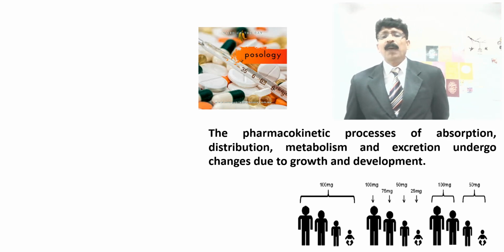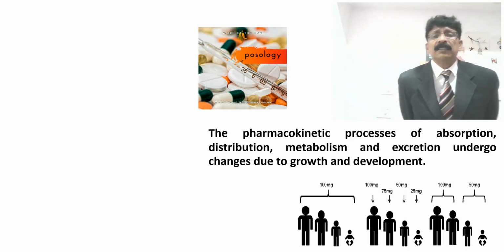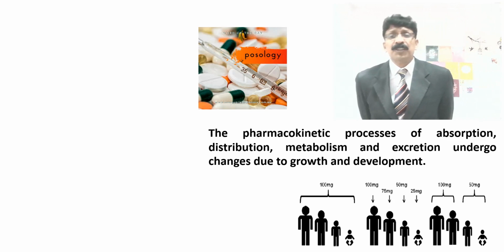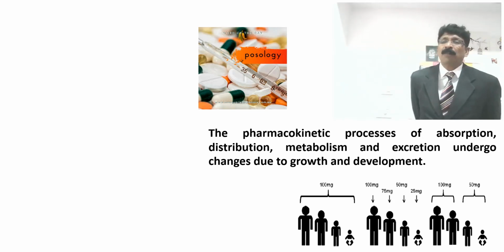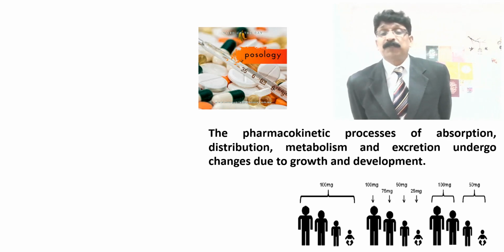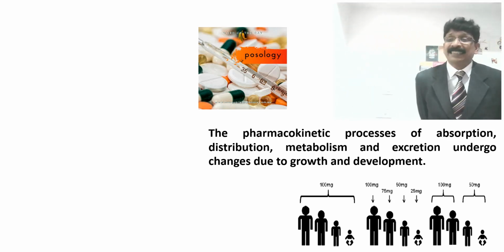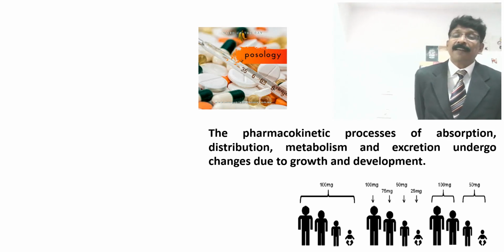And now another question. I have given that posology means what? We should know. Posology is about the dosage and the directions, and the pharmacokinetic processes of absorption, distribution, metabolism and excretion undergo changes due to growth and development.